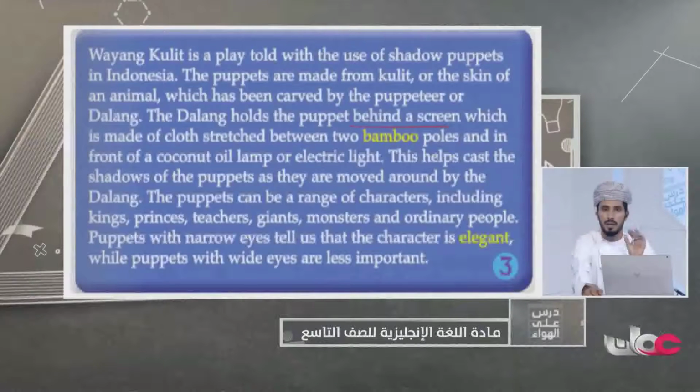Okay, here it rang the bell. I have to read carefully. The dalang holds the puppet behind the screen, which is made of cloth stretched between two bamboo poles and in front of a coconut oil lamp or electric light. This helps cast the shadow of the puppets as they are moved around by the dalang.